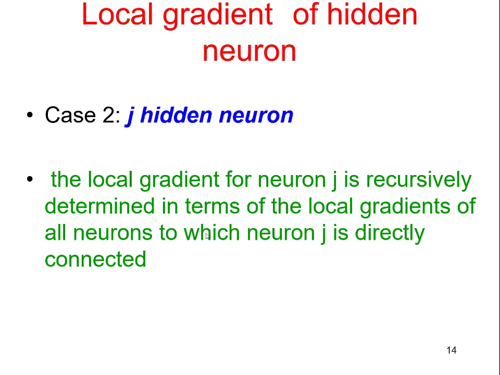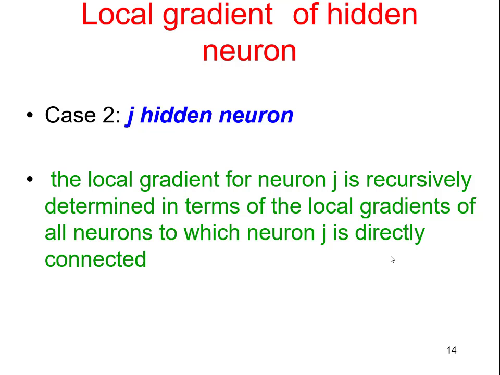If J is in the hidden neurons, the local gradient for neuron J is recursively determined in terms of the local gradients of all neurons to which neuron J is directly connected.